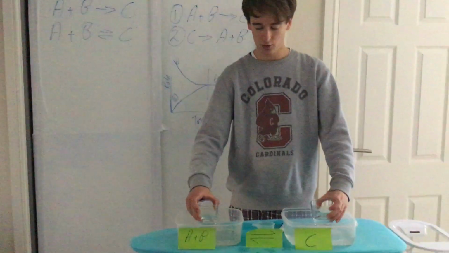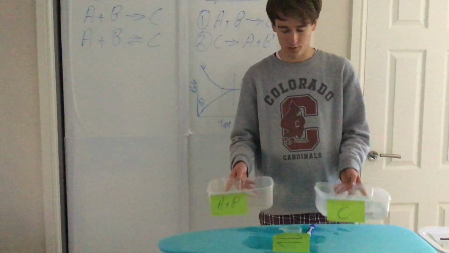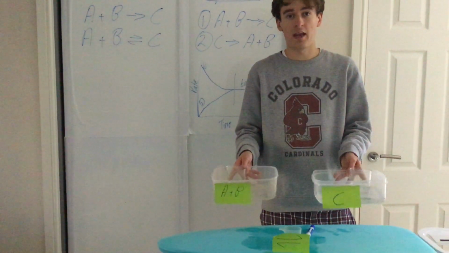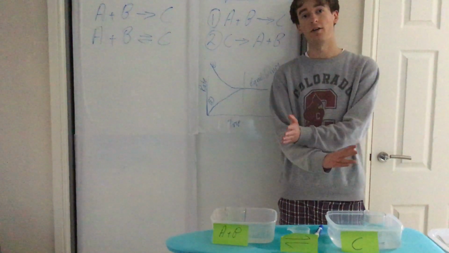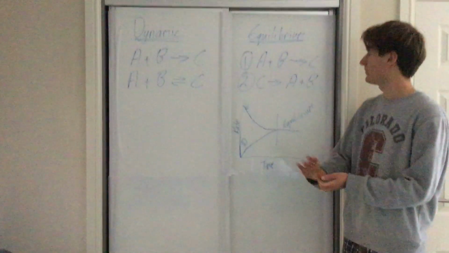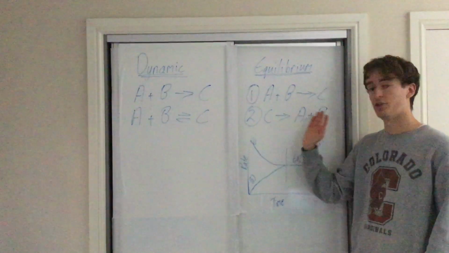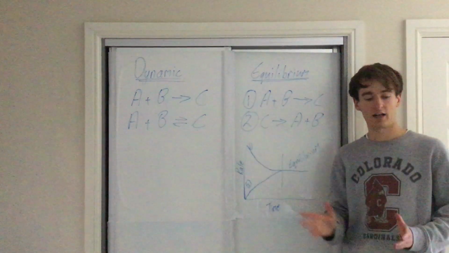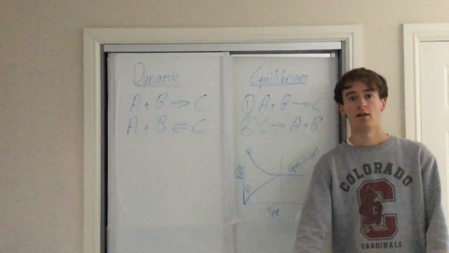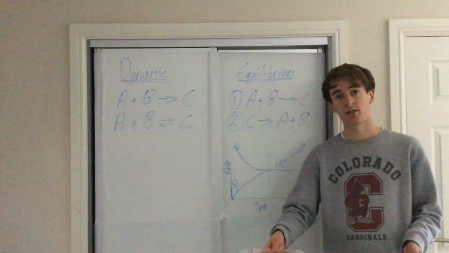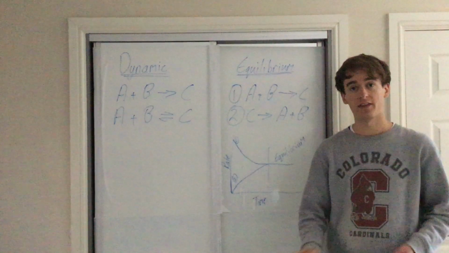The concentration at this equilibrium point will remain constant because I'm moving the same amount of water either way. So to sum up, dynamic equilibrium is when the rate of forward reaction is equal to the rate of reverse reaction. This does not necessarily mean that the concentrations of A and B and C are the same.